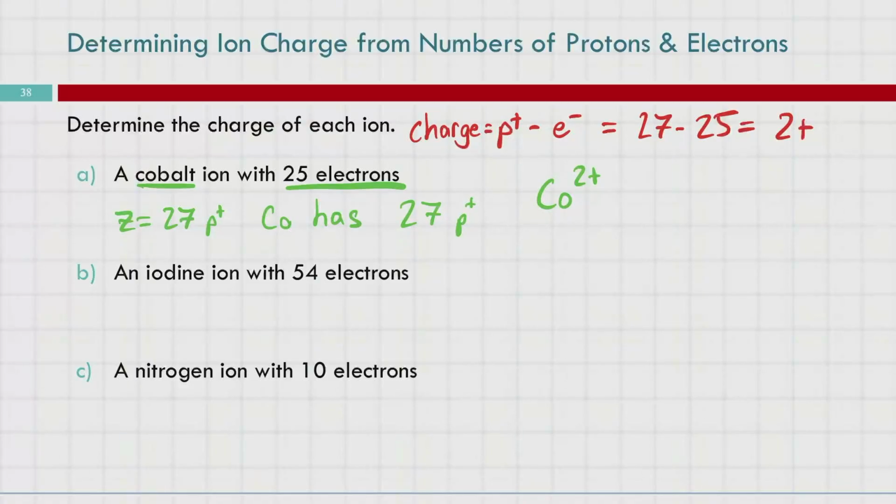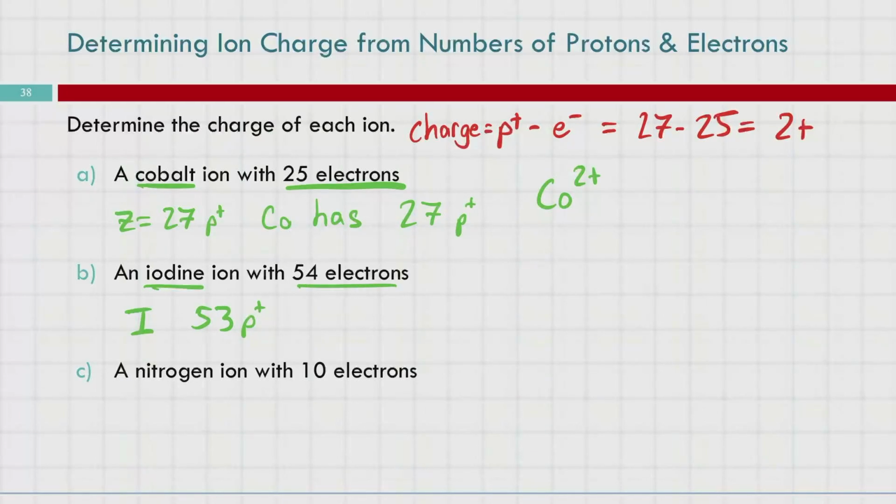All right, iodine ion with 54 electrons. We need to figure out how many positive charges iodine has. So we find iodine. Iodine on our periodic table is the symbol I. It's got an atomic number of 53, so it has 53 protons.